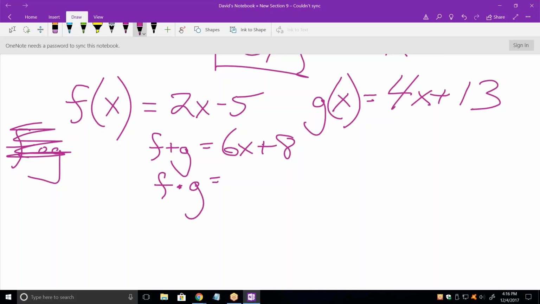So you got to multiply f of x times g of x. So 8x squared plus 26x. Need a sign. Notice that if I left the plus sign out, that expression wouldn't make any sense.